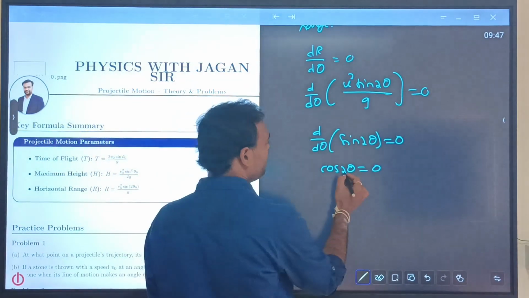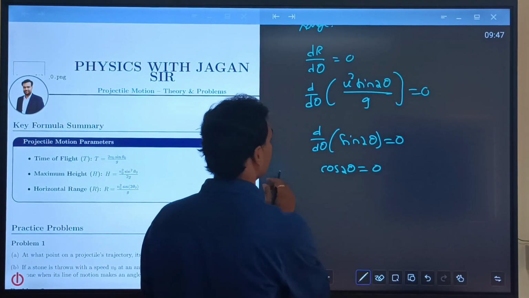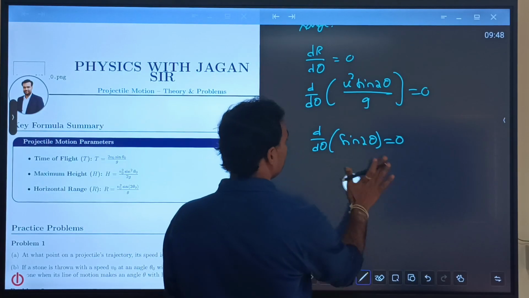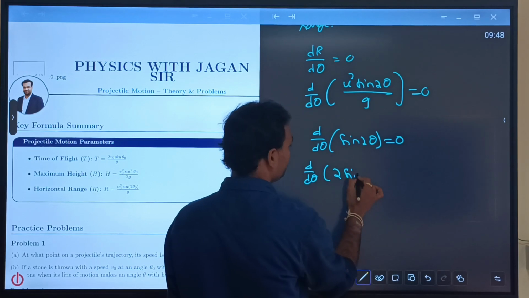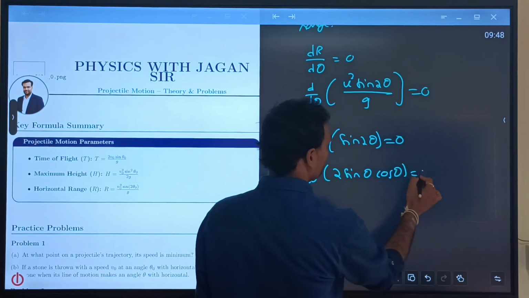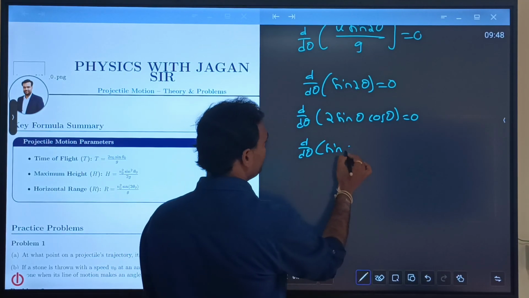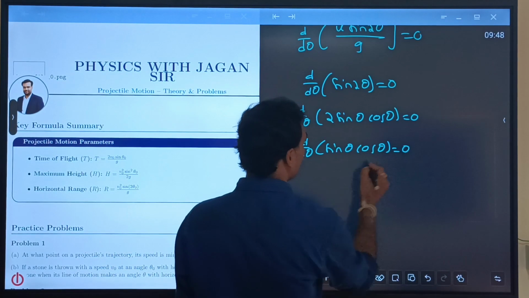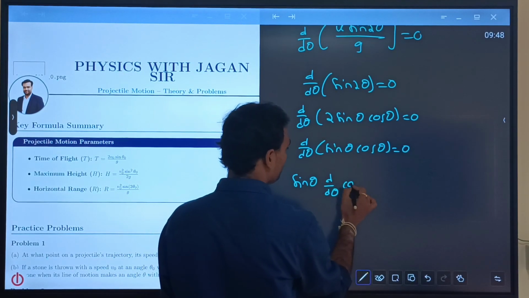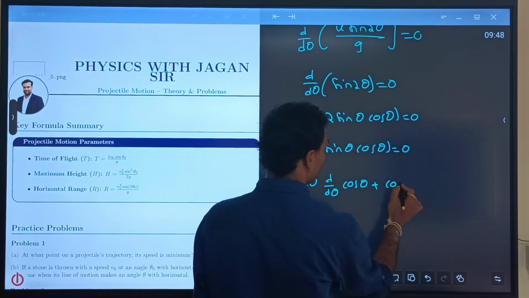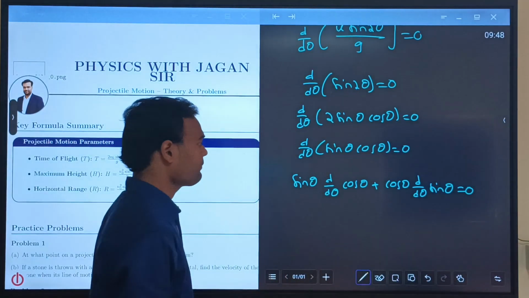Then d by d theta of 2 sin theta cos theta is equal to 0. Then d by d theta of sin theta cos theta is equal to 0. Then sin theta d by d theta of cos theta plus cos theta d by d theta of sin theta is equal to 0, right?